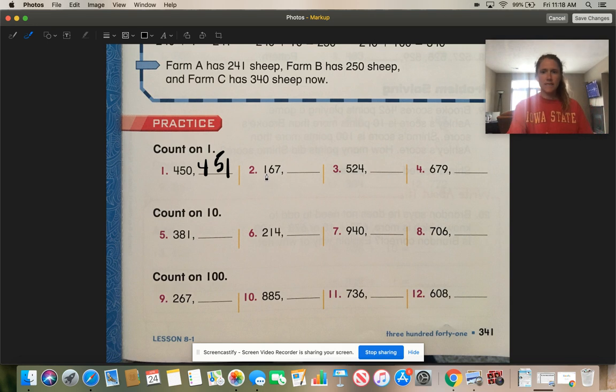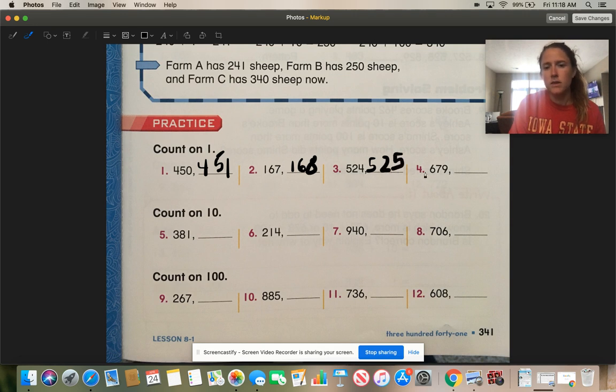So 167. So we count on 1 in the ones place. So 168. Adding on 1 in the ones place right here. 525.